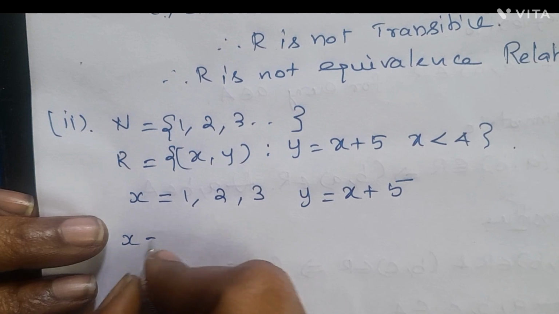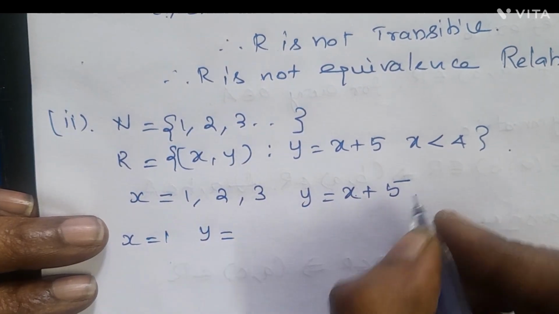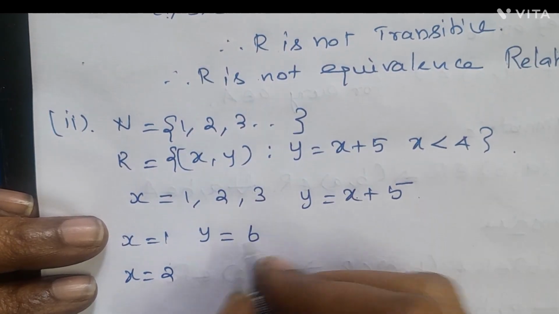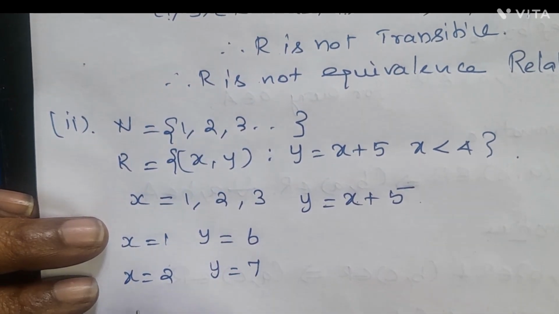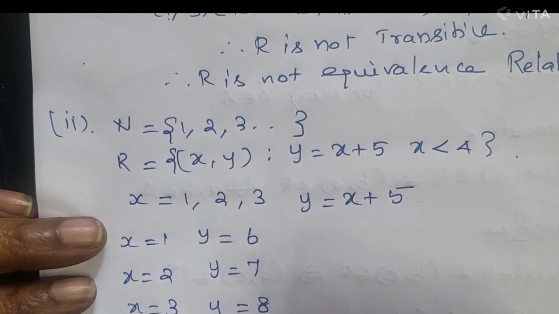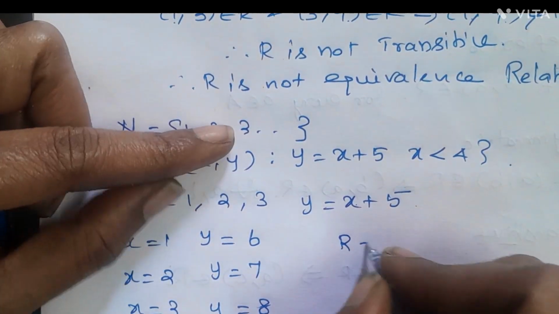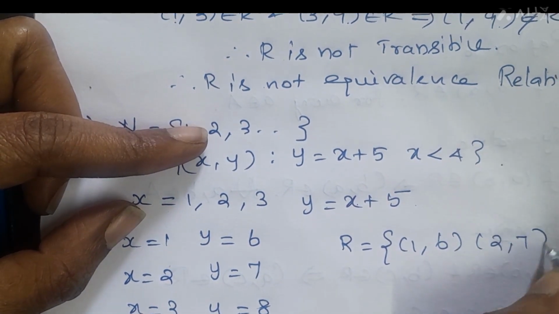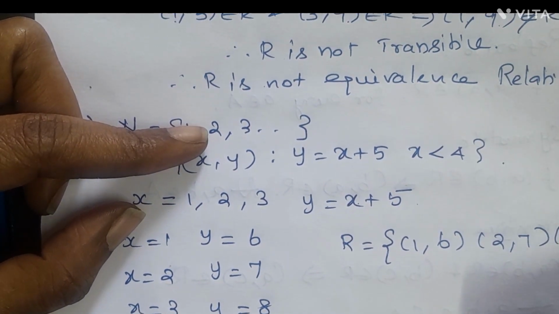When x equal to 1, y is 1 plus 5, that is 6. When x equal to 2, y is 7. x equal to 3, y equal to 8. So our relation R equal to ordered pairs (1, 6), (2, 7), (3, 8).